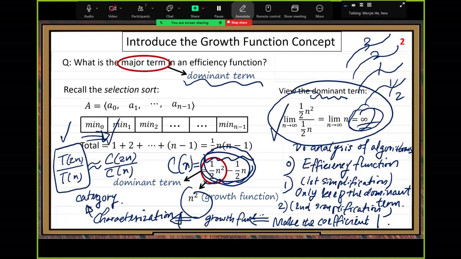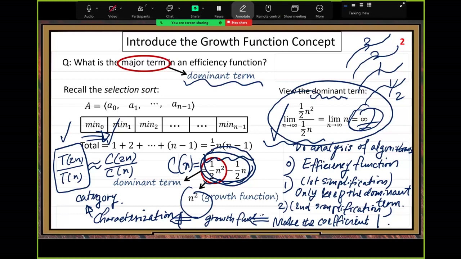So when we do growth function comparison, we use this way: the limit of the ratio of two growth functions. We calculate that limit. That's how we compare.